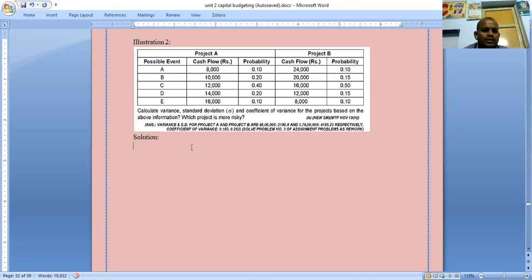So let us solve this problem. The first step is we have to calculate the expected values, expected cash flows.